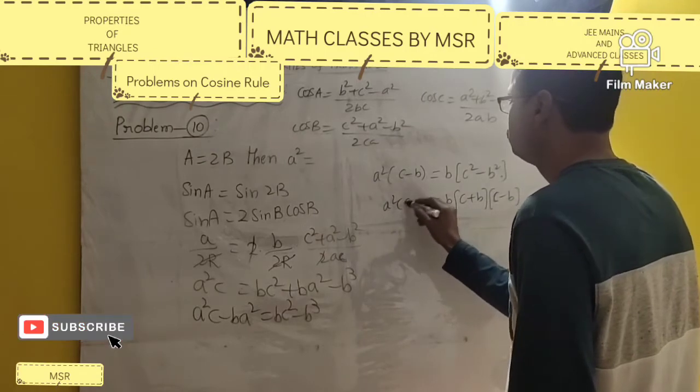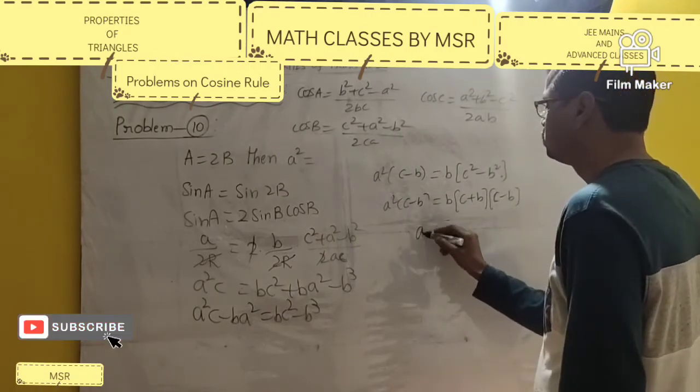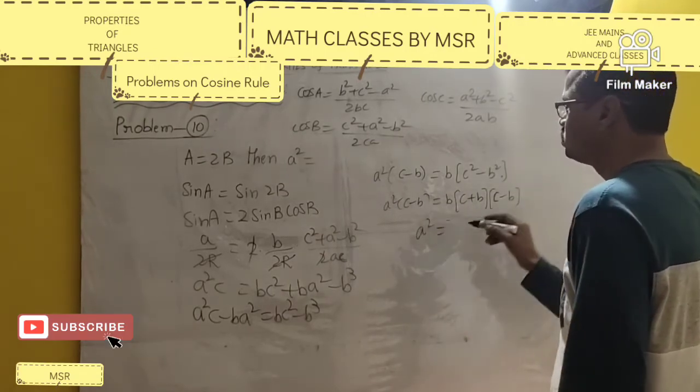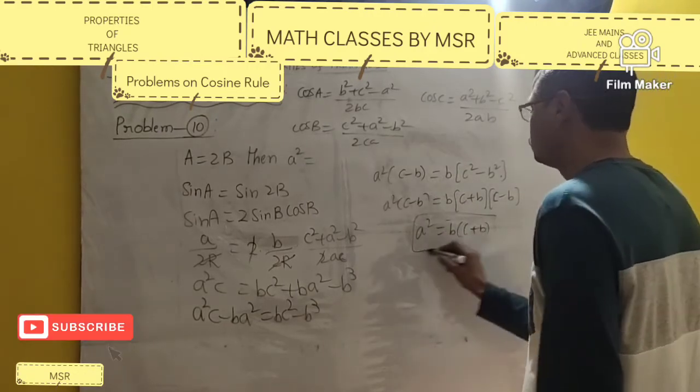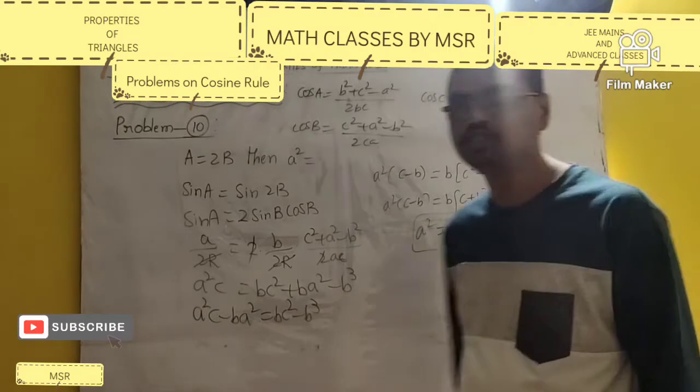So a square equals, with c minus b cancelled on both sides, b times (c plus b). So a square value is b times (c plus b).